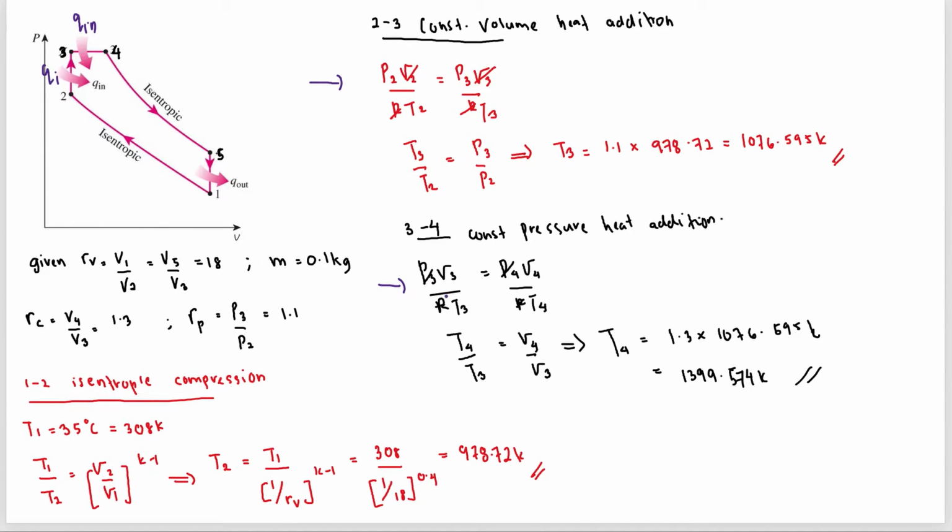P3 V3 over R T3 is equal to P4 V4 over R T4. Since this is constant pressure, I cancel P3 and P4 as well as R. Then I get this relationship between T and V. So I get T4 as 1399.574 Kelvin.